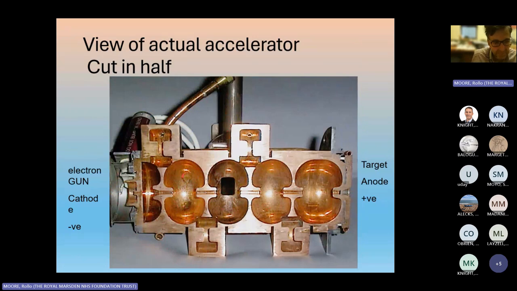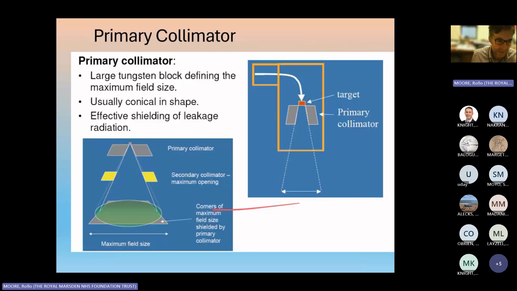The whole thing is made of very pure copper, and they're accelerated up to about 6 mega electron volts. They're held in place by magnetic fields, and they come along, hit this target and get converted into photons in this way here.